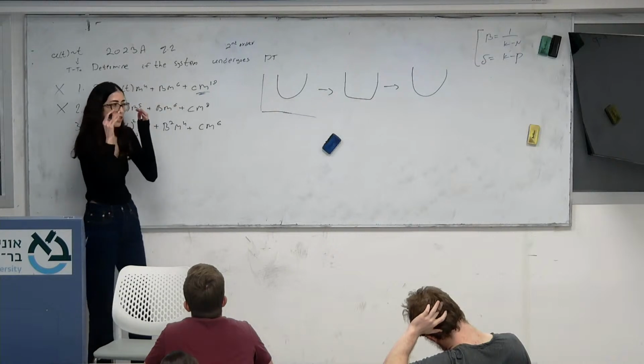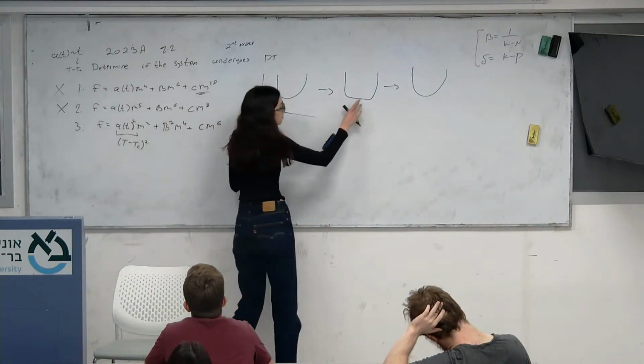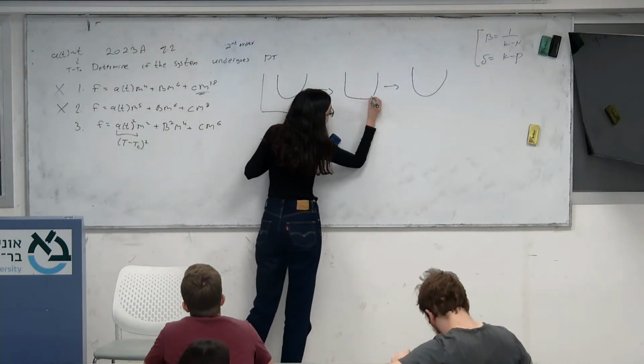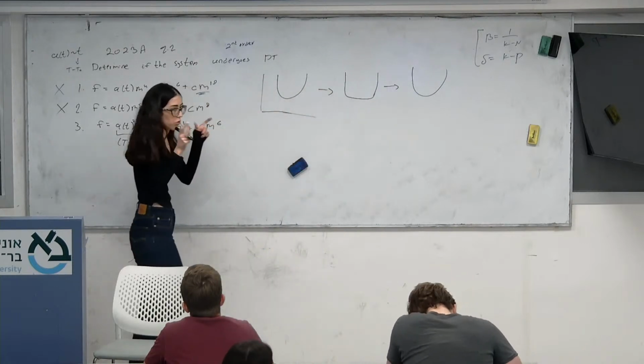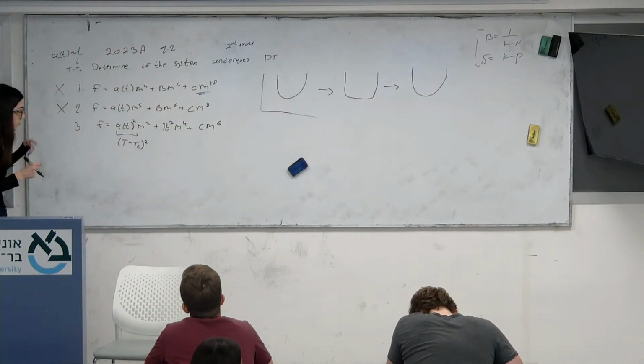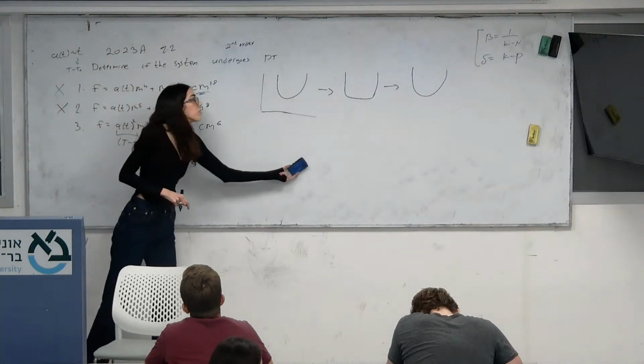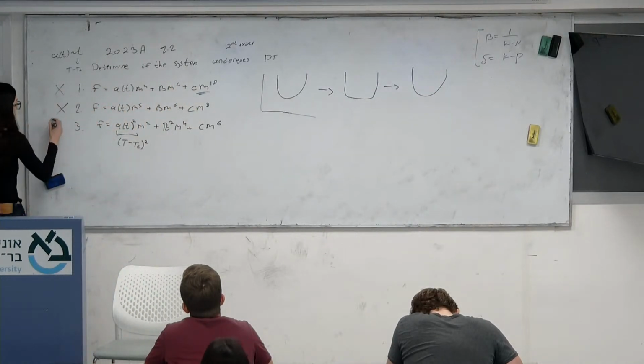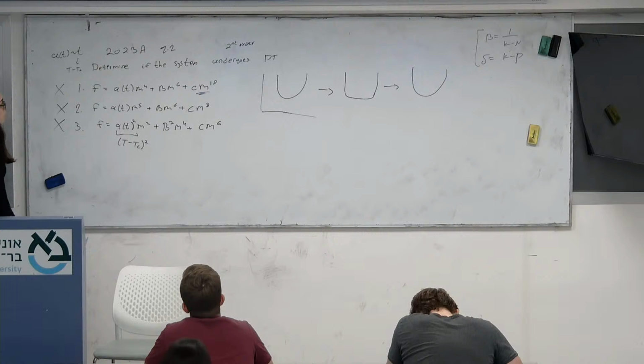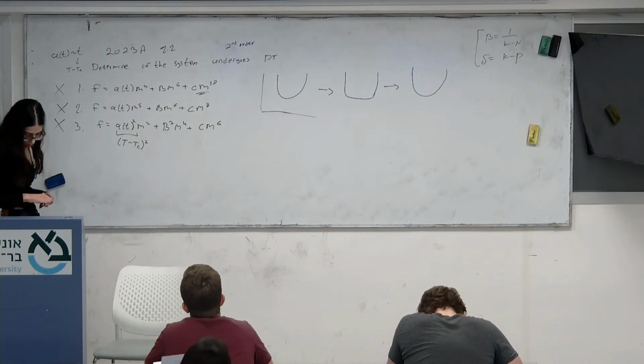So we're just changing the width of the well, but we're never going to have two wells. So no change in sign, no phase transition.